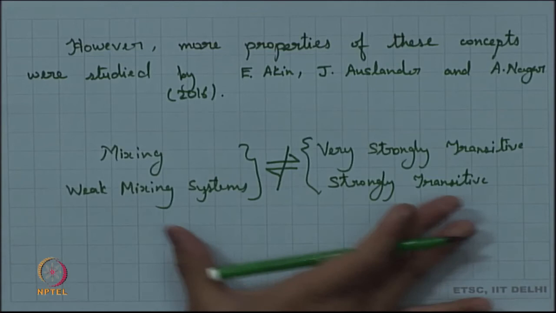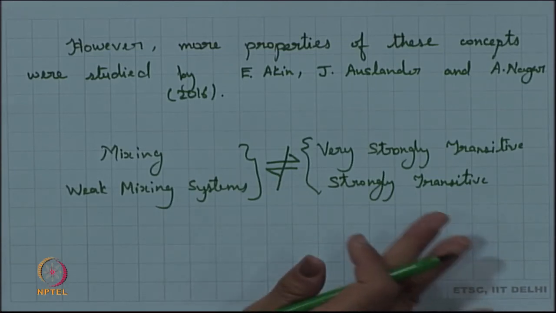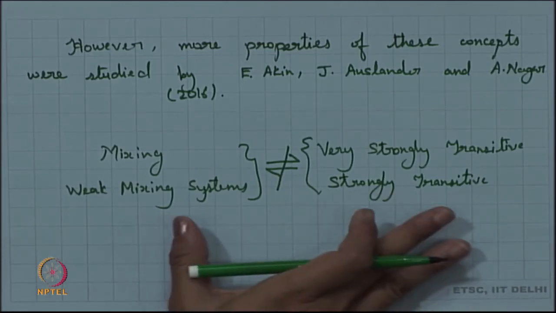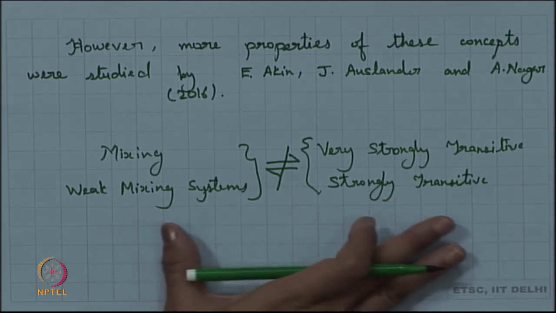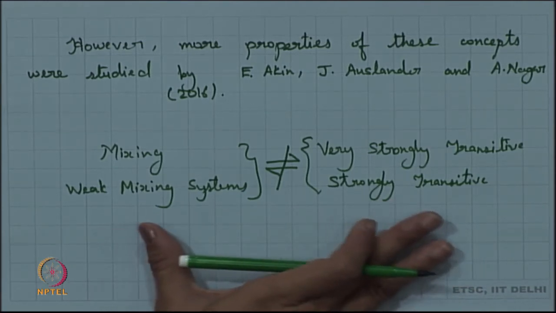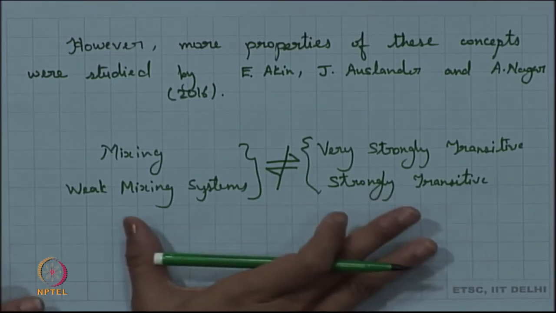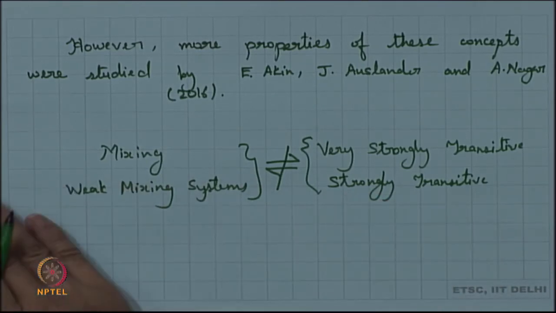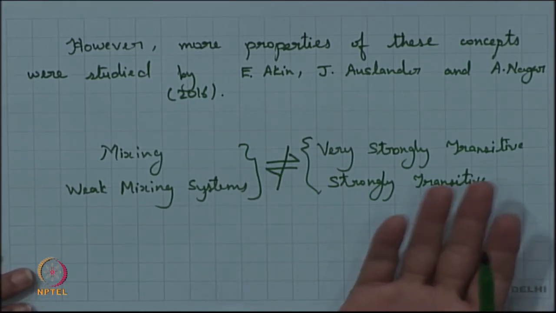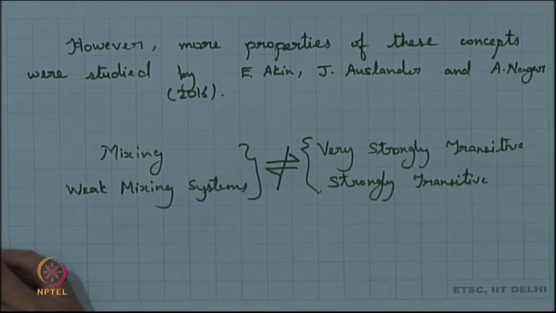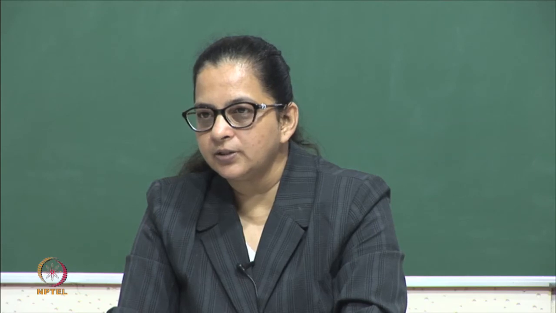Of course, in the next lecture we will see that these two properties are distinct, that they are basically two different classes of systems. What could be the condition under which one would imply the other, or in general what chaotic properties we can get from strongly transitive systems, that is still open.